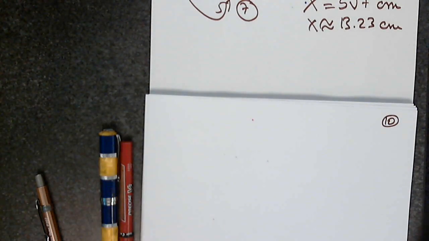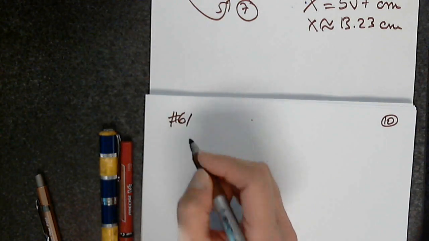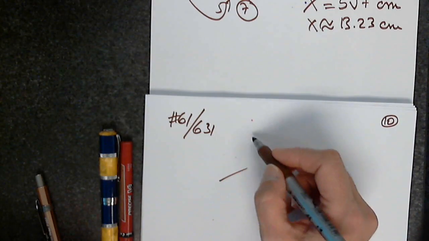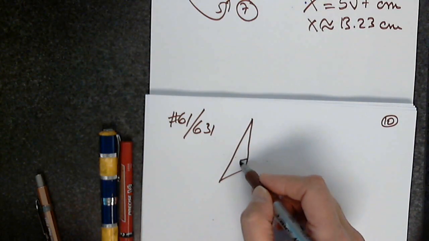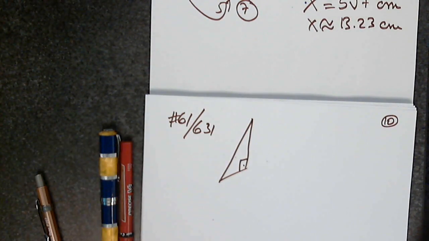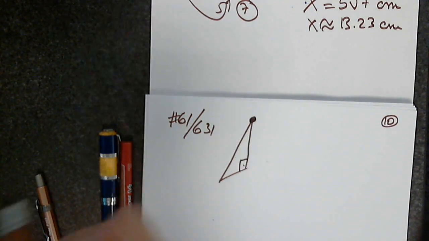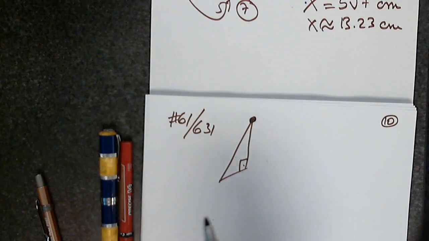Yes, you will. Okay, so let's look at number 61, which is a word problem. And we have this situation. It says a spotlight is mounted on the eaves of a house right here, that is 12 feet above ground.